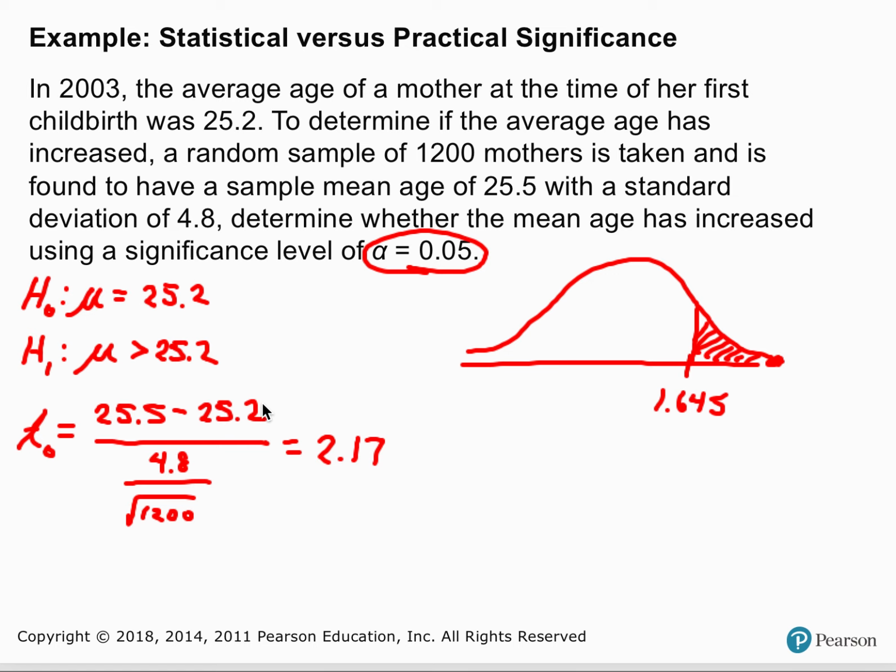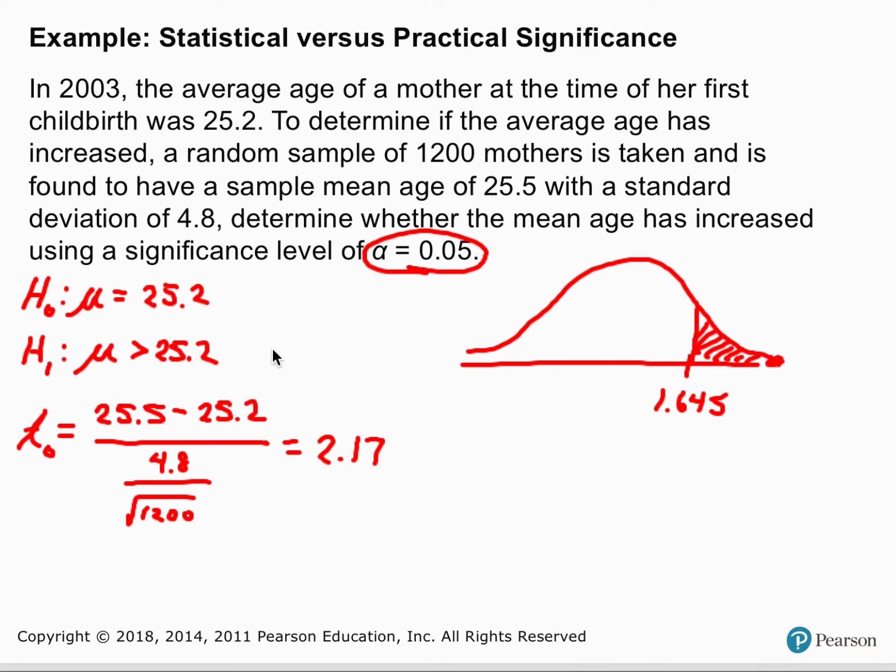Then we're going to enter the mean, 25.2. X bar, 25.5. Standard deviation, 4.8. n, 1200. And this is a right-tailed test.